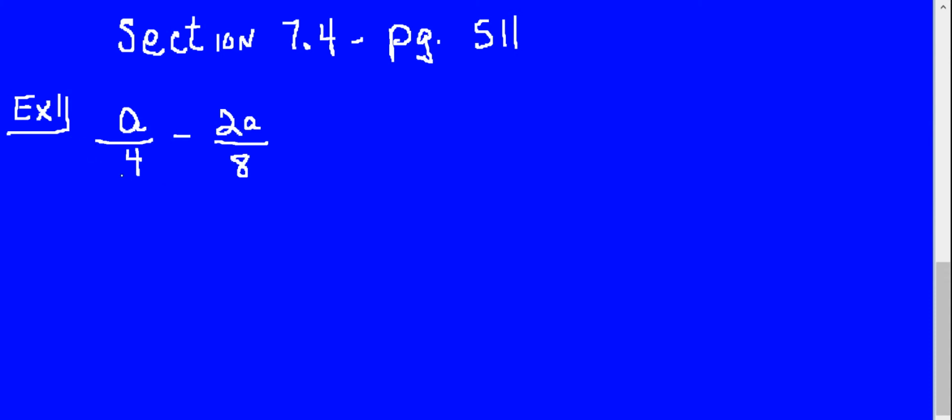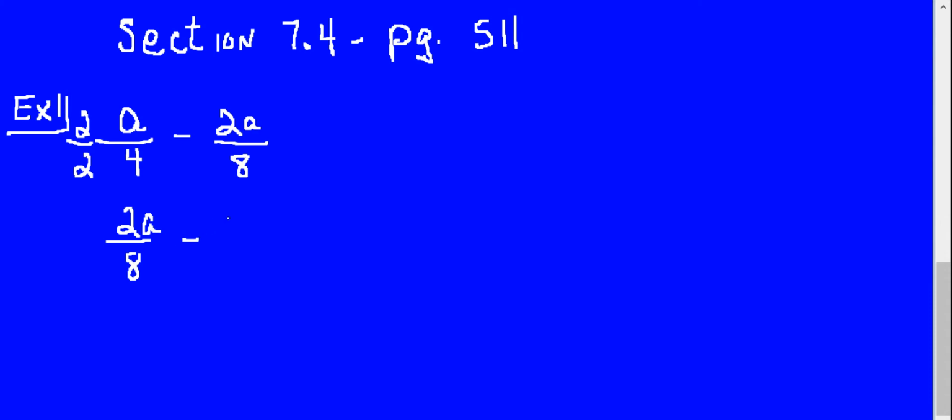So in other words, if this is 4 and this is 8, what do I have to do to the 4 to make it an 8? I have to multiply it by 2. And if I multiply this denominator by 2, I also have to multiply the numerator by 2. So in effect, I'm multiplying it by 1. I'm changing this first fraction to 2 times a, which is 2a, over 2 times 4, which is 8.